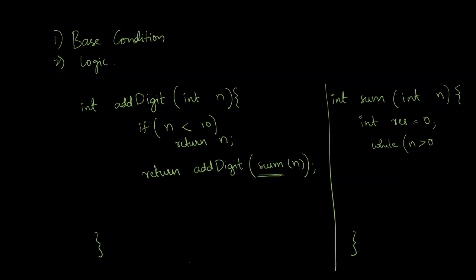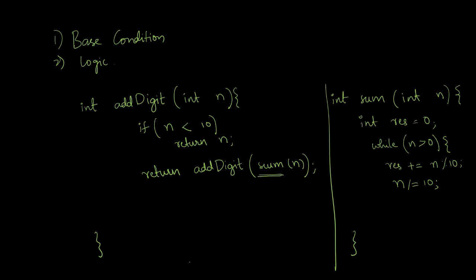While the number is greater than 0, we break it down. The logic is simple, guys. As long as n is greater than 0, we take the units digit and add it to result, and we divide n by 10.